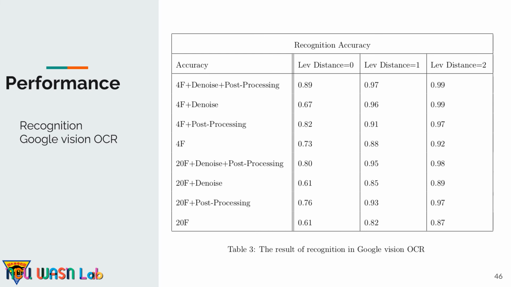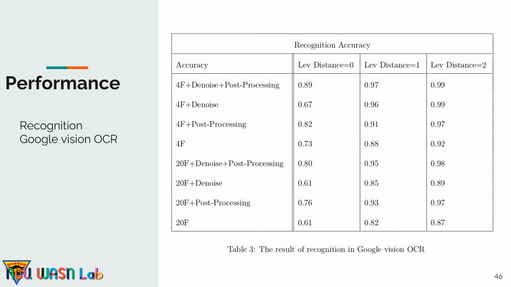In addition, we also provide the text recognition accuracy of all 20 fields, which will be represented by 20F in the graph. And we also want to understand the impact of the denoise and post-processing we designed. And this table is the result we made with Google Vision OCR as text recognizer.